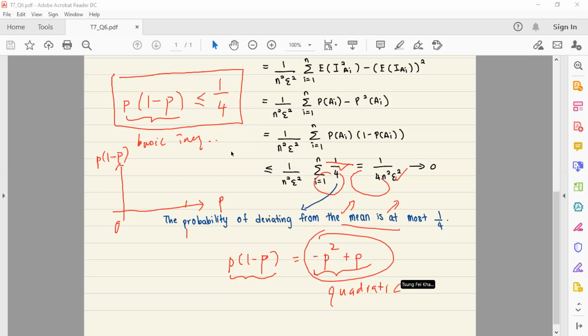Okay. So quadratic function, this is the factorized form. This is the, well, I just expand this so that in case you can't see the 2 here. So okay, quadratic. Where are the roots of this quadratic function?